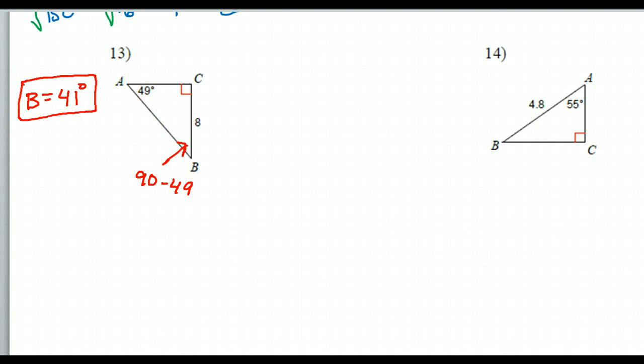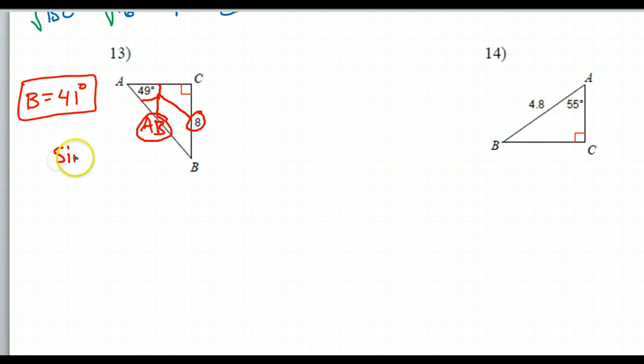Okay, now we need to find the two sides that are missing. Let's start by finding AB. Well, you got your 49 and your 8 and your AB. That is opposite and hypotenuse. So that's the sine function.